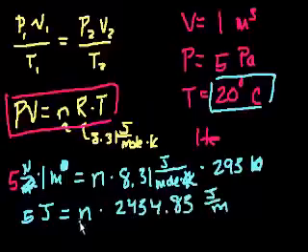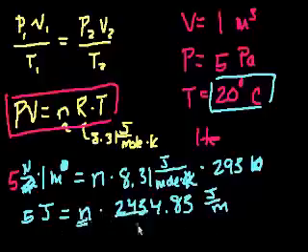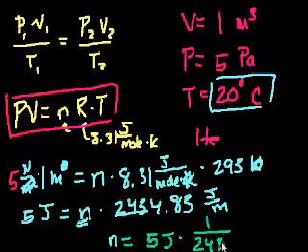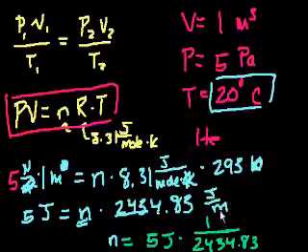And so to get the number of moles, we just divide both sides of the equation by that, and the units should work out. So N is equal to 5 joules times 1 over 2434.83, and then since we're dividing, this flips, moles per joule, and then of course this joule cancels out with this joule, so we just have to divide 5 by this and we'll get the number of moles.